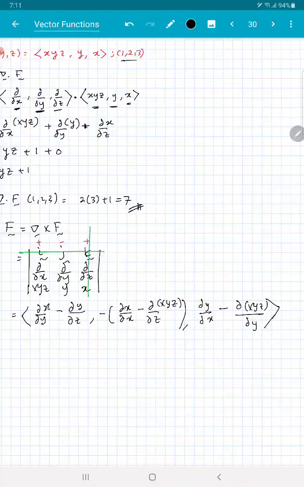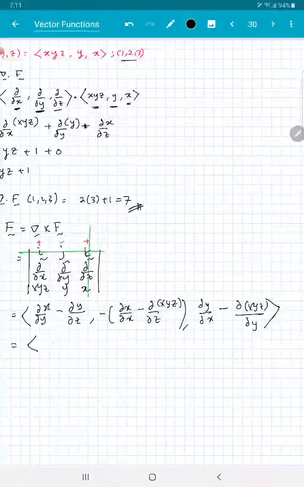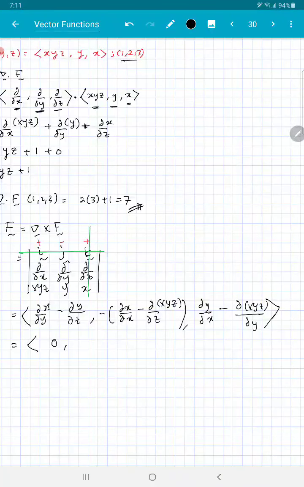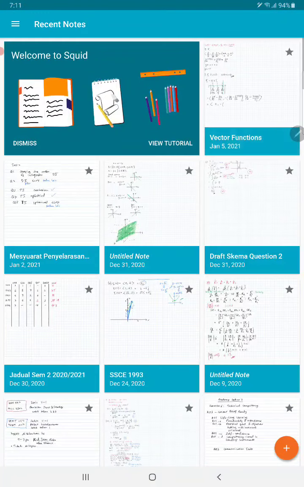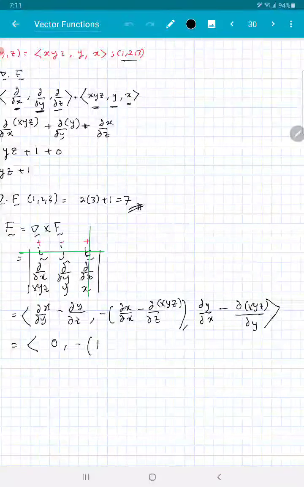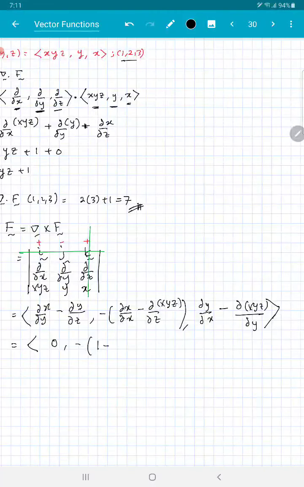Alright, now let's simplify this. For the first component, differentiating x with respect to y gives you 0, and differentiating y with respect to z gives you 0. So the x component is 0. For the y component, we have partial x of xz, that's z, minus the derivative of xyz with respect to z, which gives you xy.